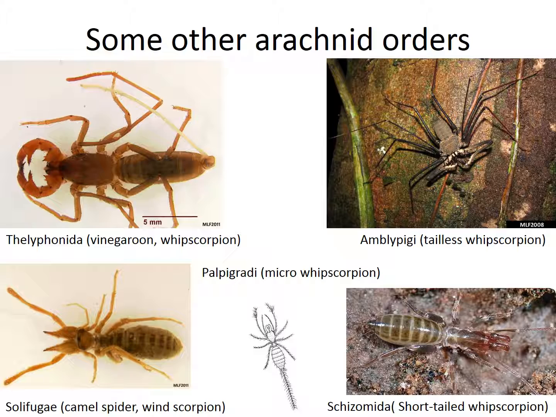And then there are weird things like Palpigradi or Schizomida, which are the short-tailed whip scorpions. It really just depends on where you are and how much digging around in the dirt you're willing to do. There are a few others that are rarely encountered or only found in caves, or there's a few extinct groups, but these are the ones that you're more likely to run into, I guess.